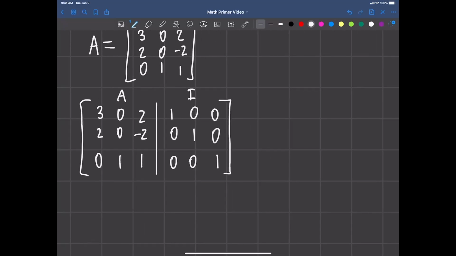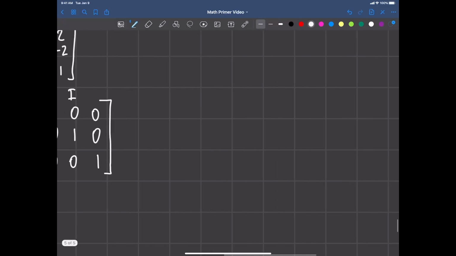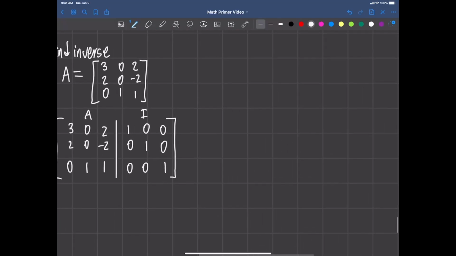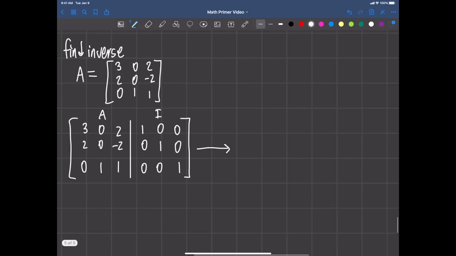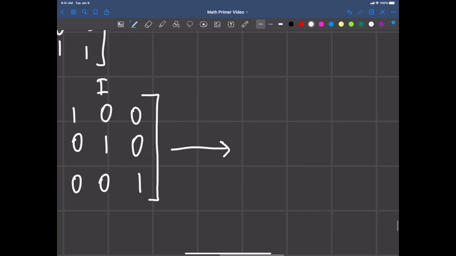Now, let's apply some elementary row operations to ideally turn A into the identity matrix. The first row operation that we're going to apply, and this is kind of an art, reducing the matrix A into the identity matrix. It's kind of fun. It's like solving a puzzle. The first thing that we're going to do is R2 plus R1, and we're going to apply that to R1.